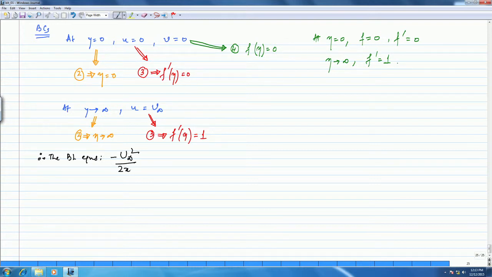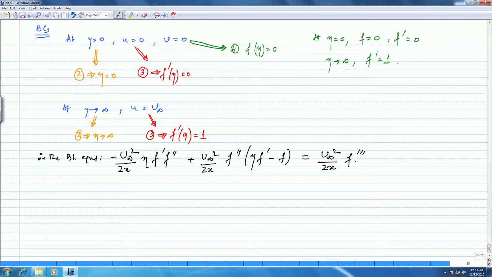u infinity squared over 2x times minus eta f dash f double dash plus u infinity squared over 2x times f f double dash is equal to u infinity squared over 2x f triple dash.